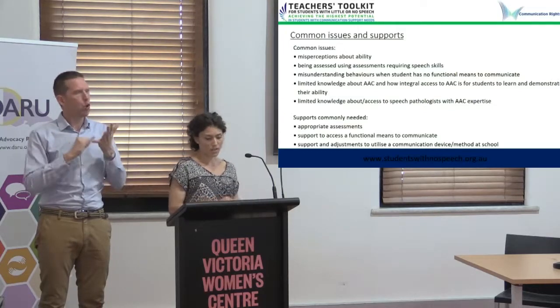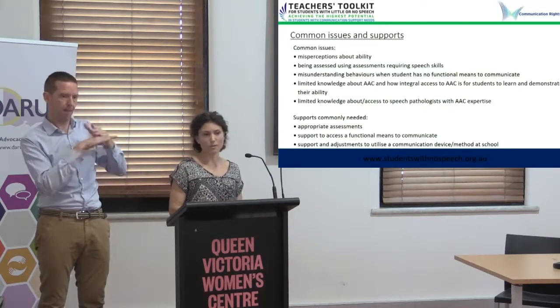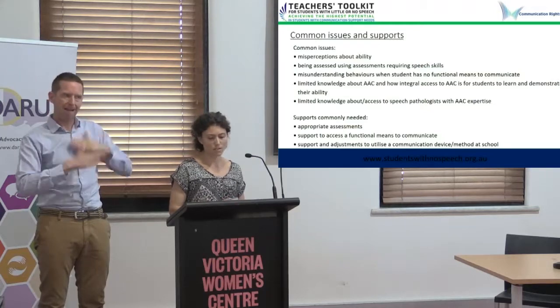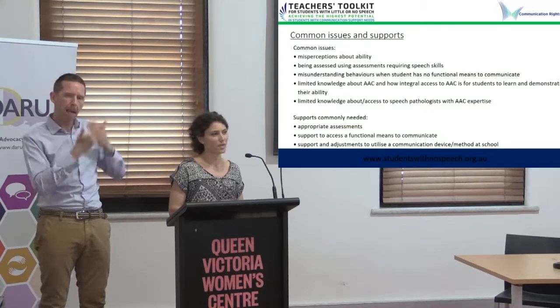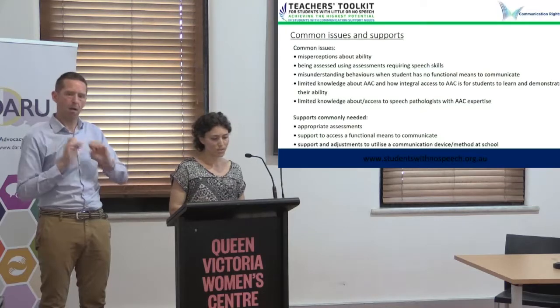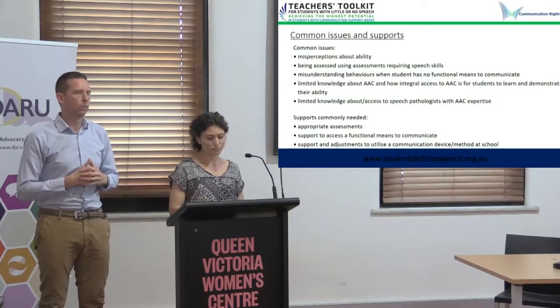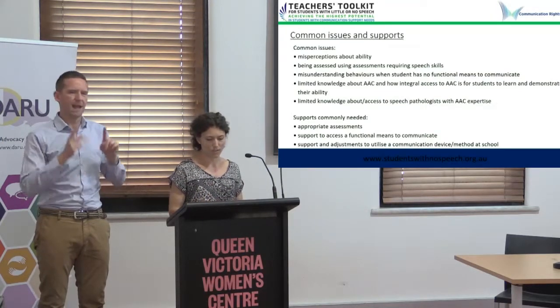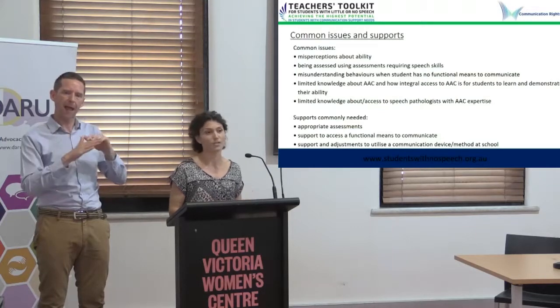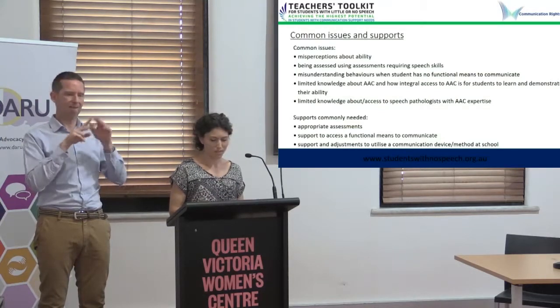So there's a section in the toolkit specifically on behaviour supports and explaining briefly about positive behaviour support, and reinforcing that message about access to a functional means of communication being key.